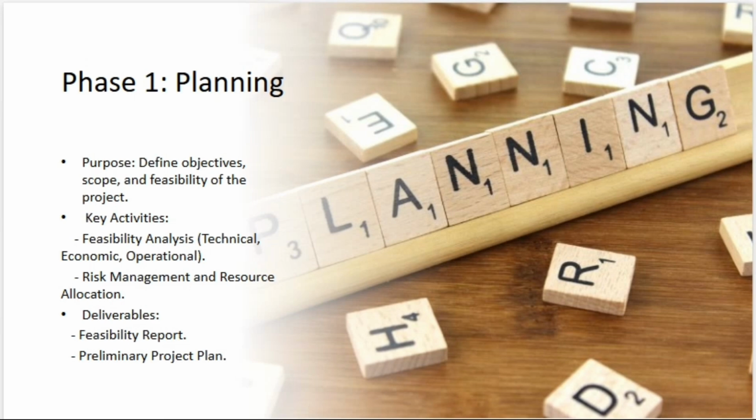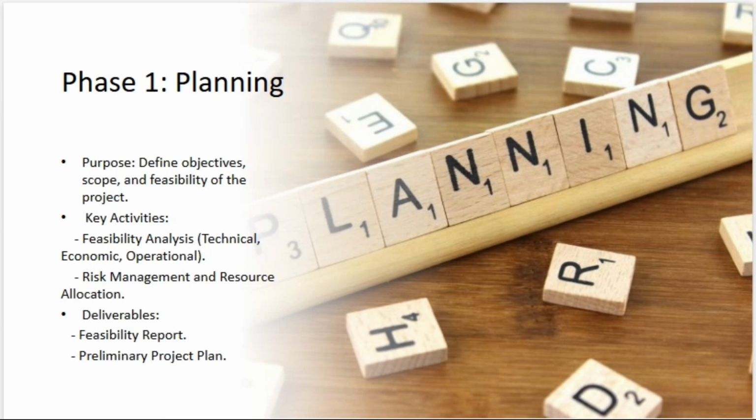We can also do a mitigation plan, risk management, and resource allocation, everything in the planning phase only. Then we make a feasibility report and create a proper project plan. That way we can define proper methodologies for creating the software.